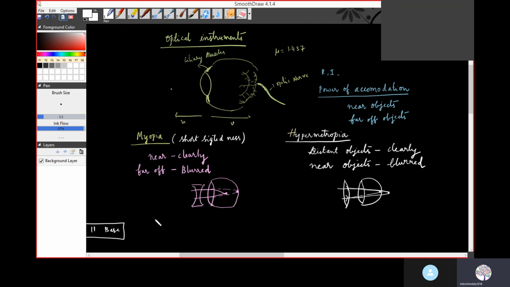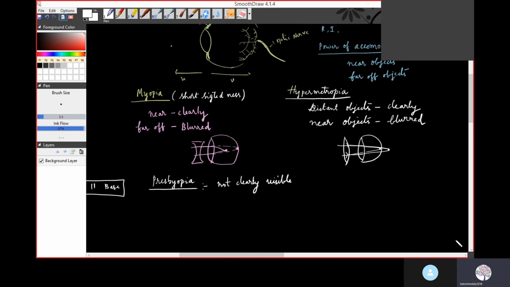There is another defect called presbyopia. In this defect, both near and far objects are not clearly visible. This is due to old age.